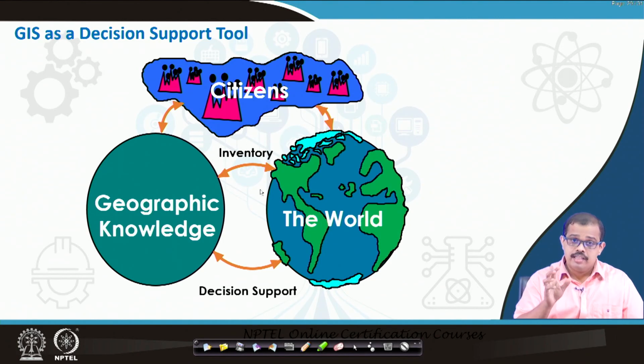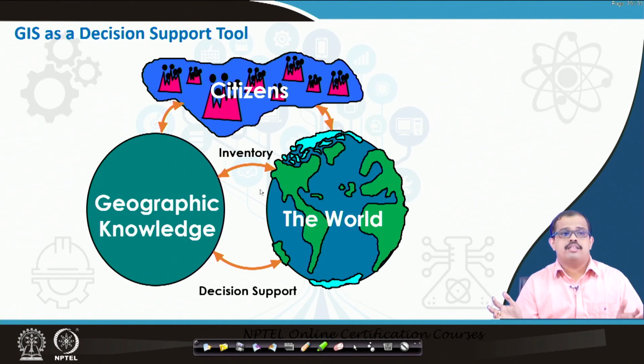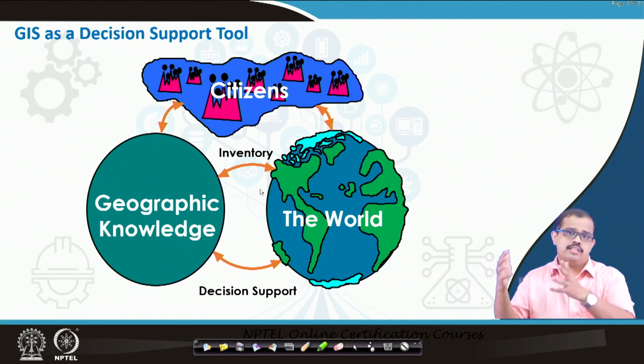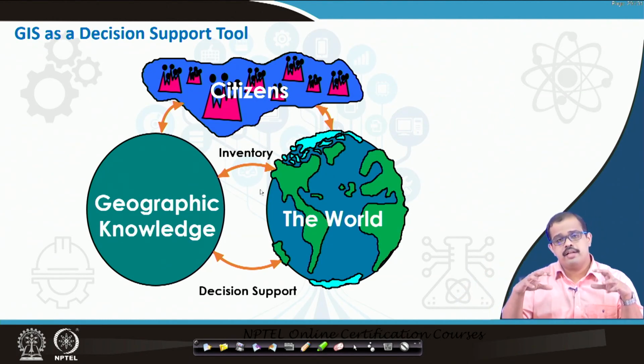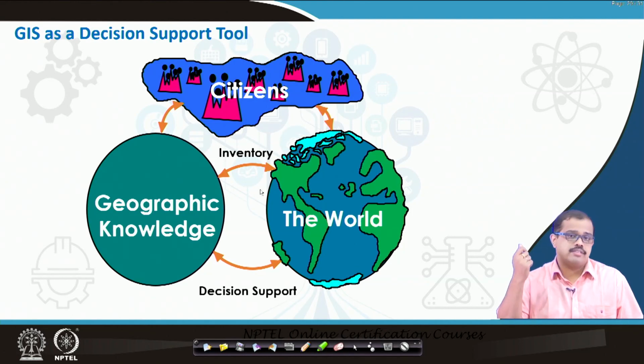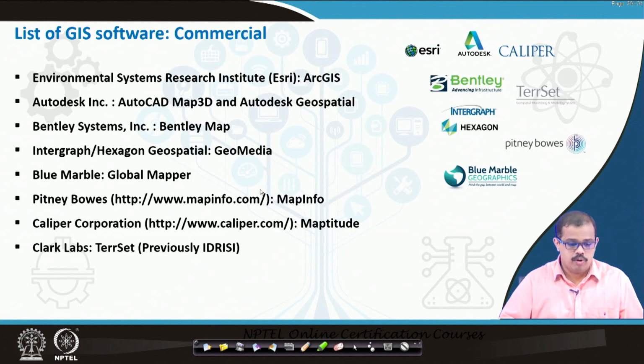It means you are actually capturing the entire support system of that process. You are designing the entire support system. Based on that support system, a decision would be arrived at. How the decision is arrived at is up to the decision maker, to understand what kind of process change is needed and how it is implemented. So it may be an effective support tool to understand what changes are happening in the real world.